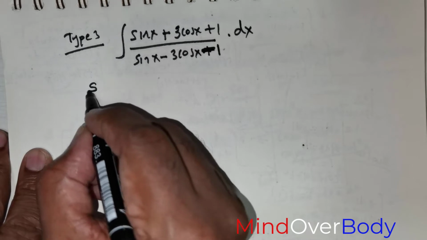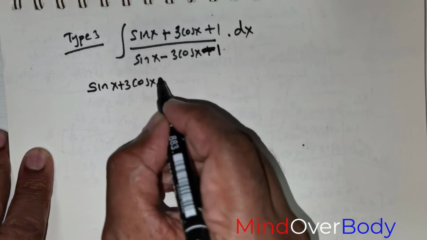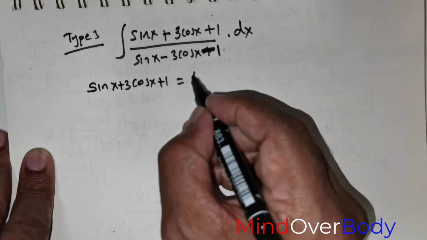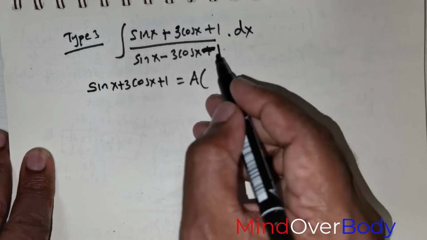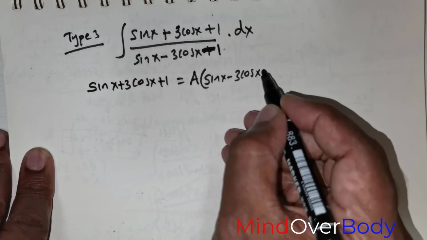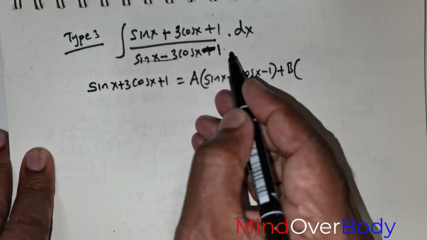Now take the numerator, sin x + 3 cos x + 1, and this numerator is expressed as a times the denominator, sin x - 3 cos x - 1, plus b times the differential of this denominator.